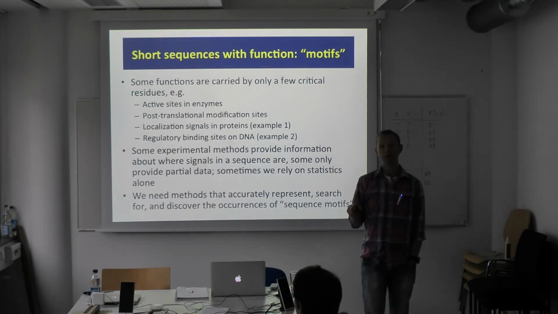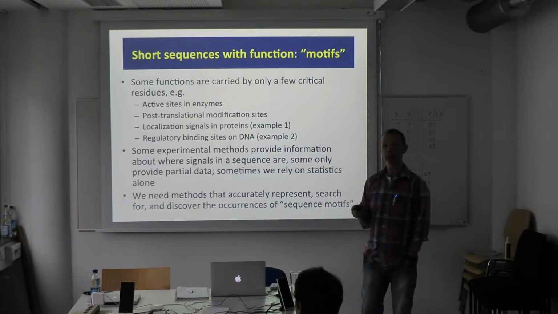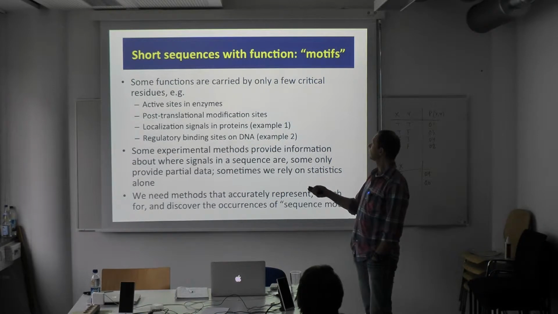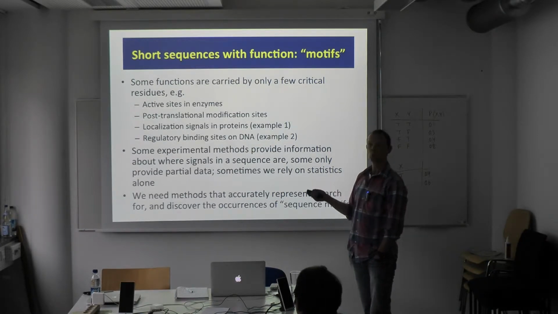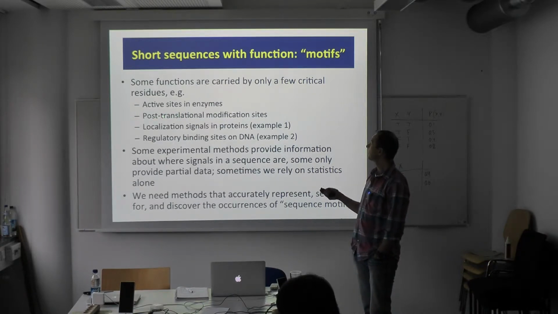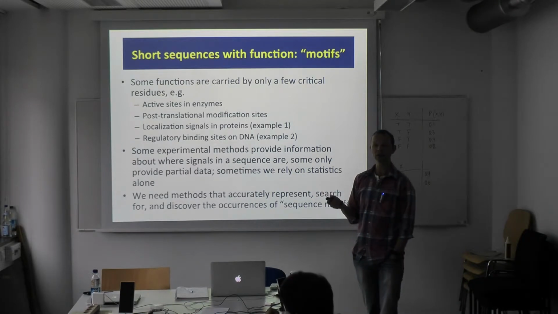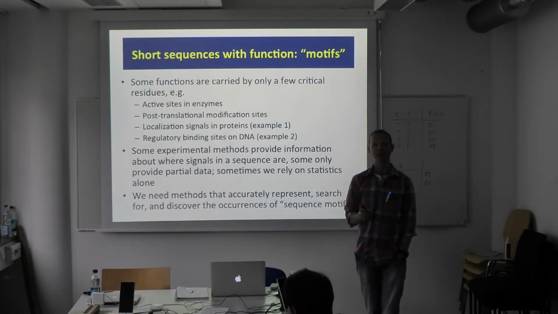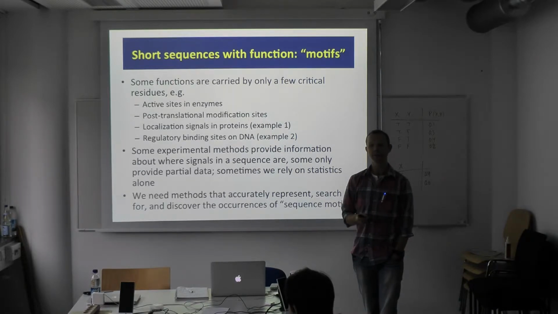There are plenty of example problems where sequence motifs might be central to us, including things such as finding what sequences make up active sites in enzymes, what sequences make up post-translational modification sites, so where we see, say, phosphorylation. So we take a particular kinase, we'd like to understand what kind of sequences it likes to phosphorylate.